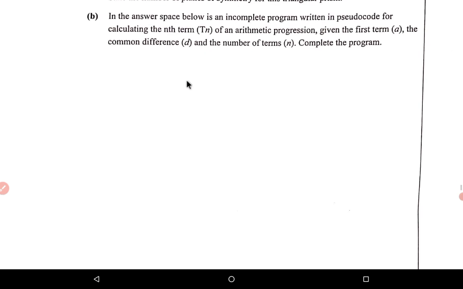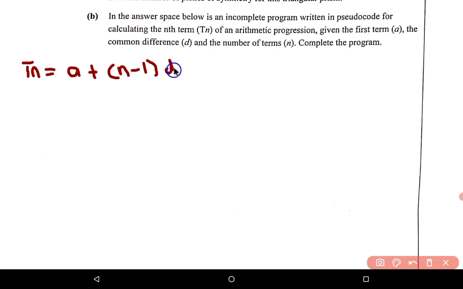So when calculating the nth term Tn, the formula is given by Tn is equal to A plus (N minus 1) D. So this is the information that is even given here. Okay, so now that we have this, we can do this.